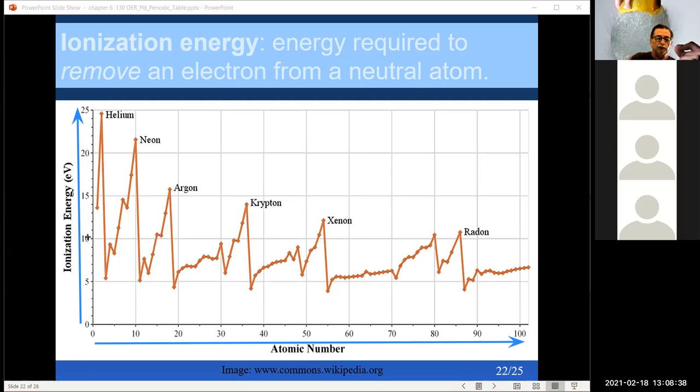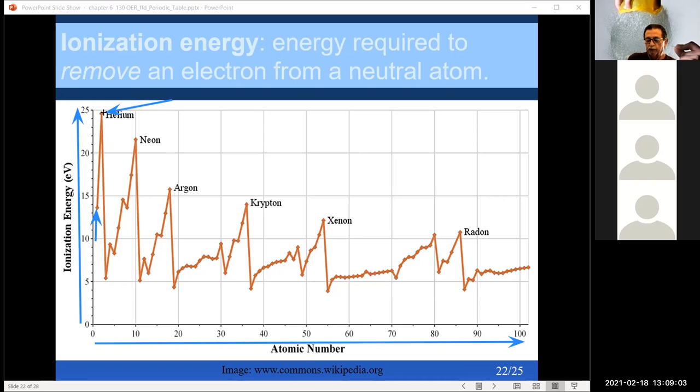So if we begin with element number 1, which is obviously hydrogen, and we measure its amount of energy to remove an electron, it's maybe about 13.5-ish units of energy. Now, as we go across the periodic table, we hit helium.